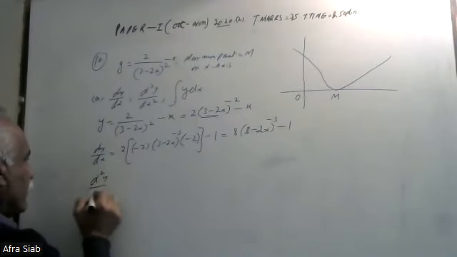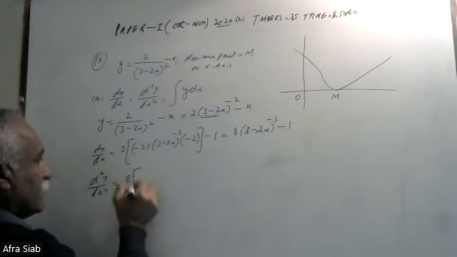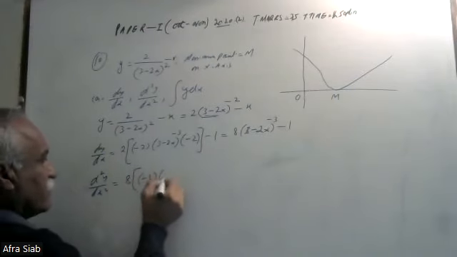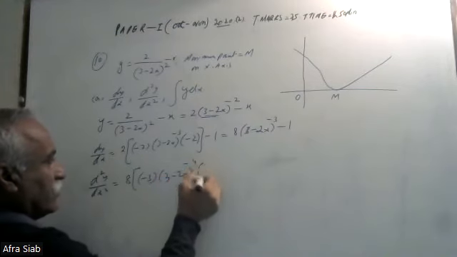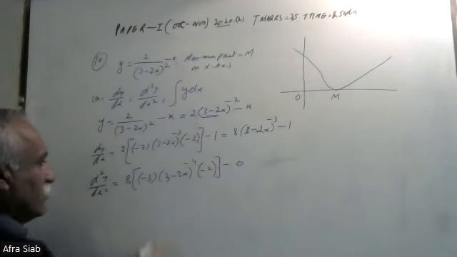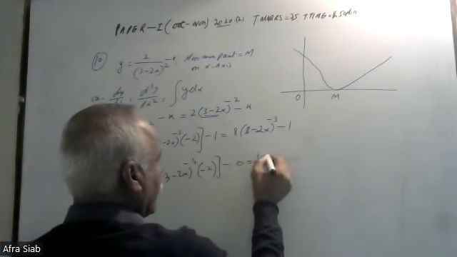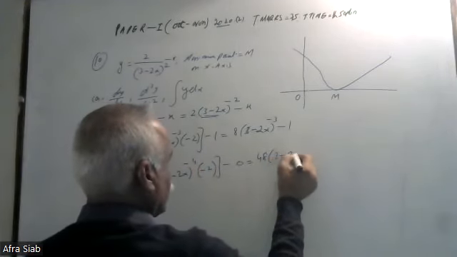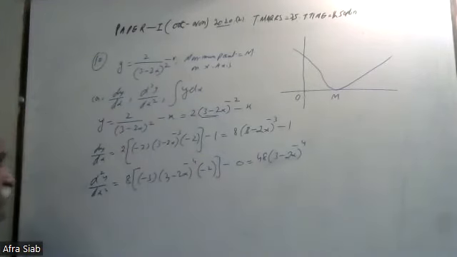Now the second derivative of this is equal to 8, as this minus 3 will become the coefficient, (3 minus 2x) power minus 4, into minus 2, the derivative of the bracket. So that is 8 into 3 is 24, 2 are 48, into (3 minus 2x) power minus 4.